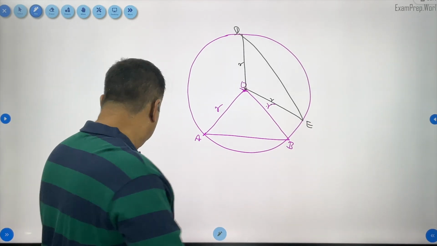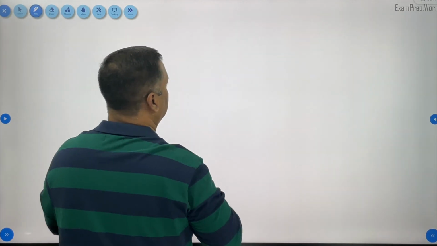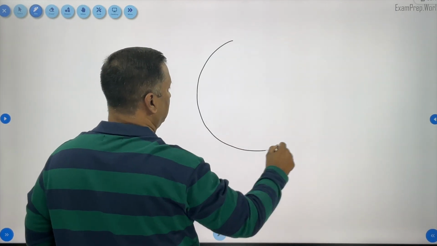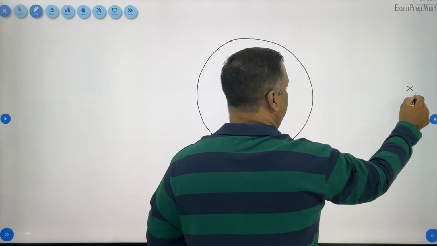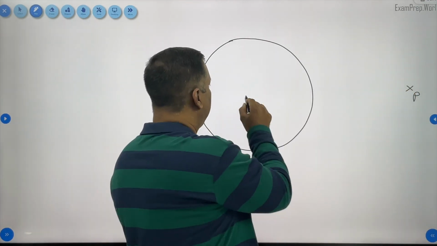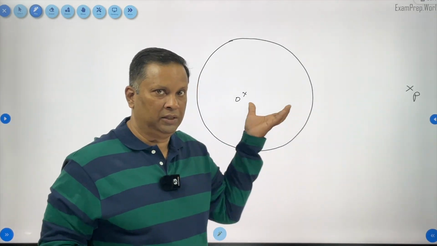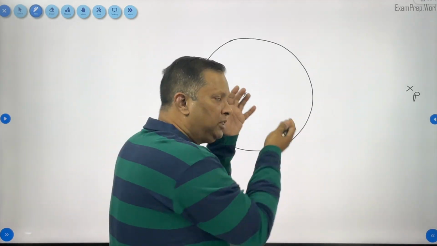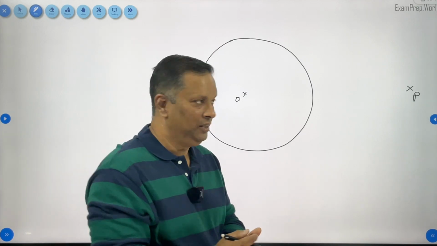Now the next one is from the circle theorems. Suppose there is an external point P and there is a circle with center O. Now how many tangents can I draw to this circle? 2, correct?